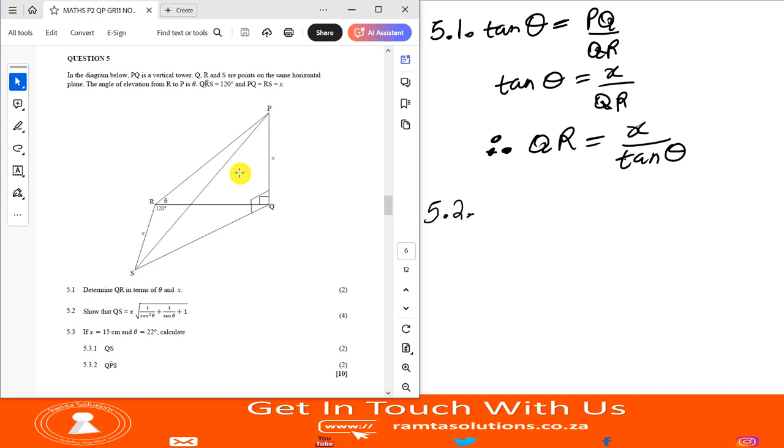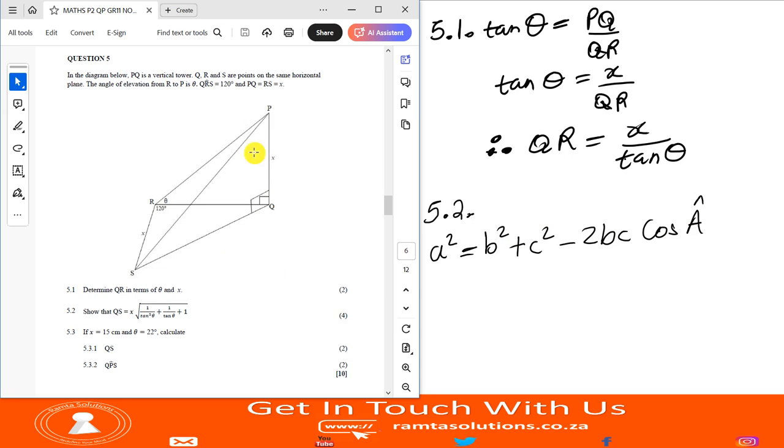We need to use cosine rule. Remember, cosine rule said A squared equals B squared plus C squared minus 2BC cos angle A. But in our case, we're not going to write it in that way.